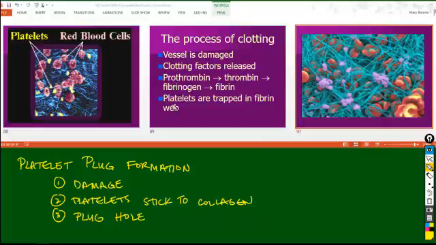If it's a larger hole, we actually talk about the coagulation or clotting process. In that process, it's a bigger amount of damage, so much damage that chemicals are actually released from the surrounding tissue. And those clotting factors come in somewhere between 60 to 100 different forms.